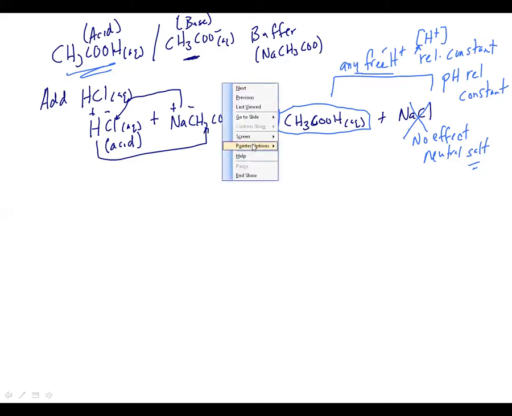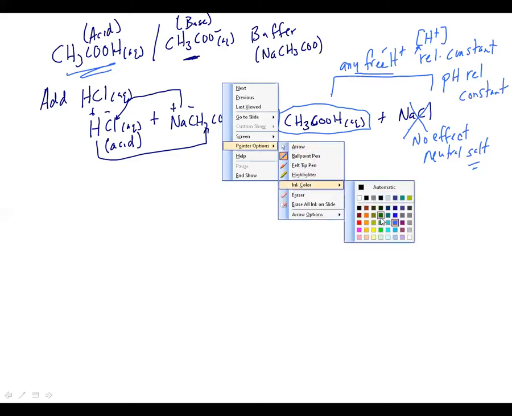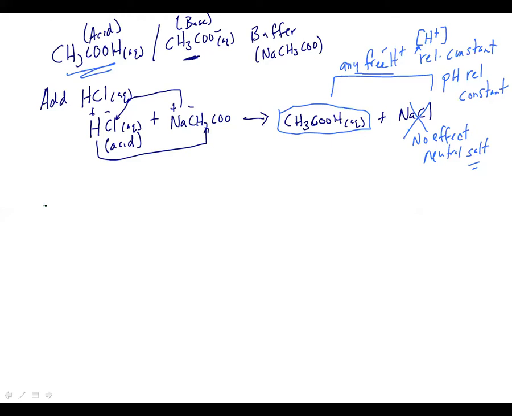Now, the same effect occurs when we add a base. So for example, if we were to add that same base that we had on the other side, some sodium hydroxide, which is again our strong base, it's going to react with the acid part of the buffer.